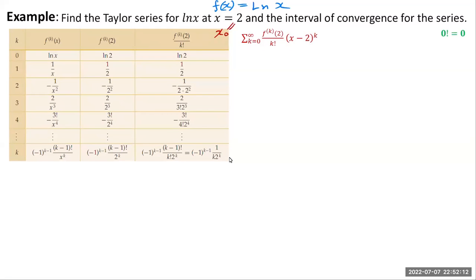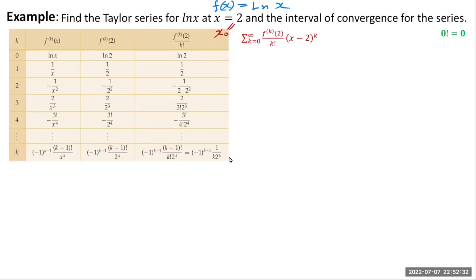Here is how you construct the table. First of all, you start with k equal to 0 because this series starts at k equal to 0. You put k equal to 0 first, and then 1, 2, 3, 4, and so on. My goal is to get a general expression when your index is k.